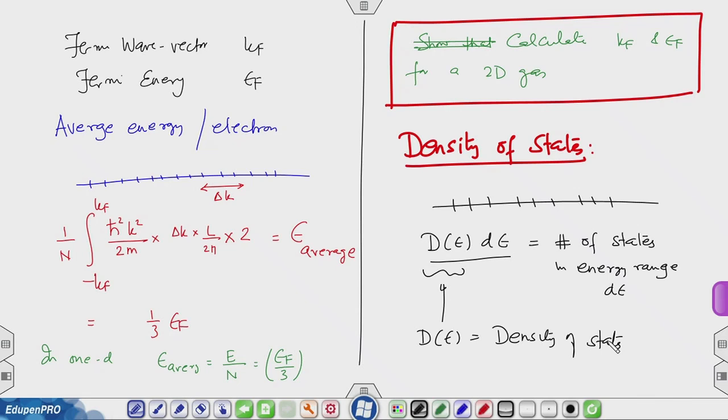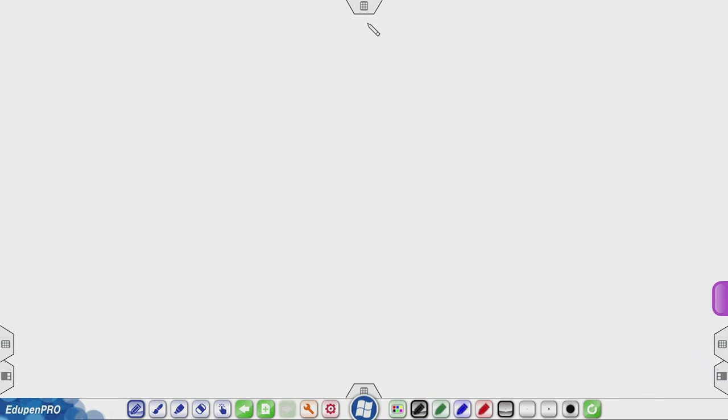This is very easy to calculate, because I have already calculated how the number of states are counted in K. So, let us quickly do that calculation.